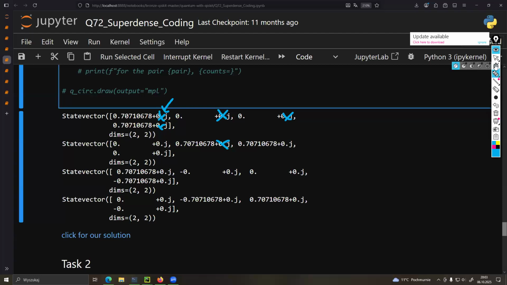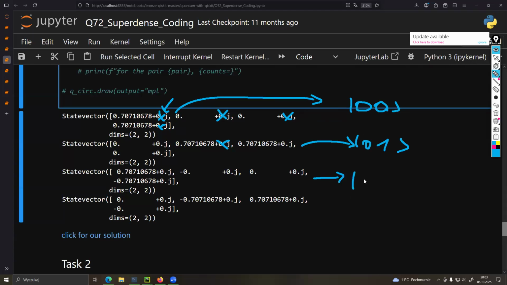So for example, when we had a 0, 0, 0 outcome, right? This will become a 0, 0 outcome. This will become a 0, 1. This will become a 1, 0. And this will become 1, 1.